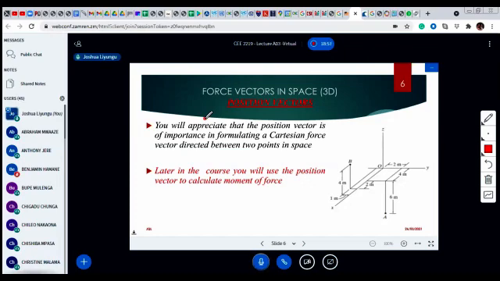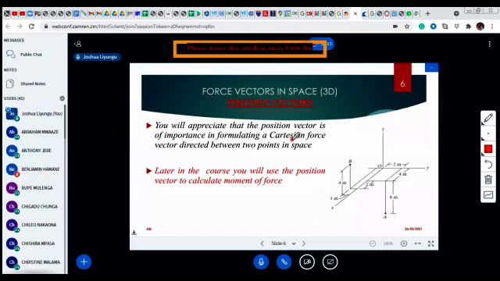All of you are supposed to know what a moment is, because I explained it in the first lecture. So we are going to use this tool, the position vector, to calculate a moment.